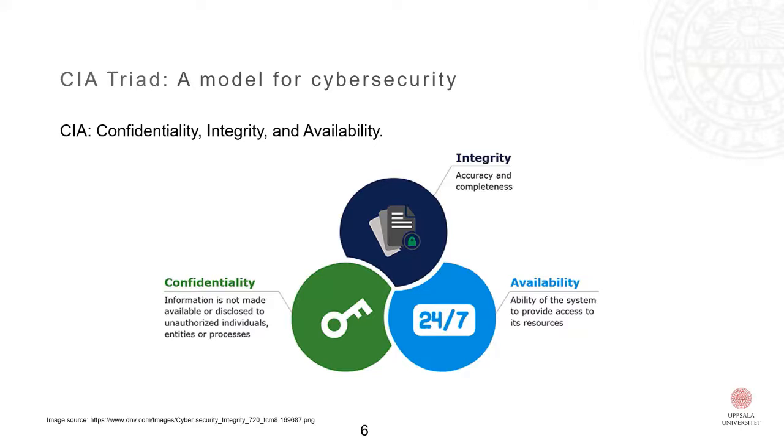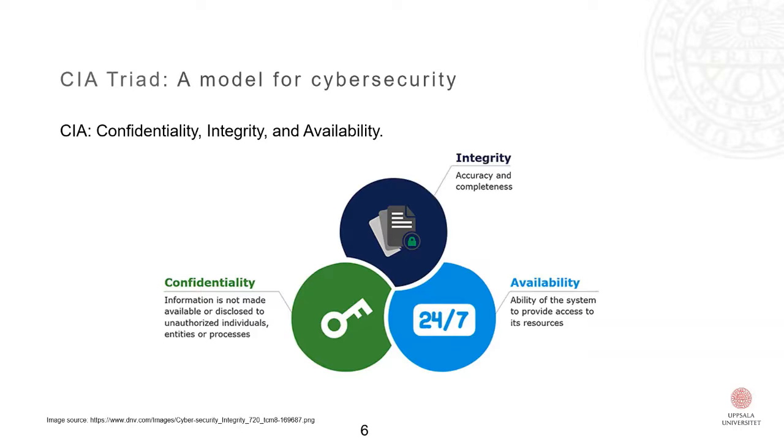In integrity, we want to protect data from unauthorized changes, for example, deleting, adding, or changing the data. In availability, we are concerned about having the system or the data that we want available all the time. You have seen that, for example, in a DoS attack, the system could be out of access. So in availability, the goal is to protect the system from such attacks.